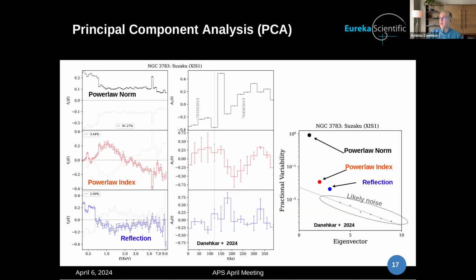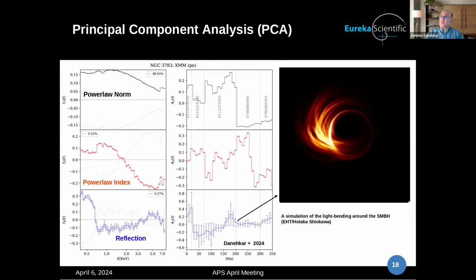The higher values, where we see a linear correlation, are likely related to background noise. As you see here, there is a very small fluctuation in the reflection emission, and the X-ray variability mostly comes from the X-ray source, which is described by the power law model.